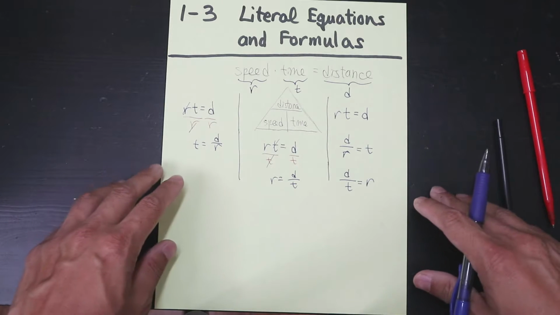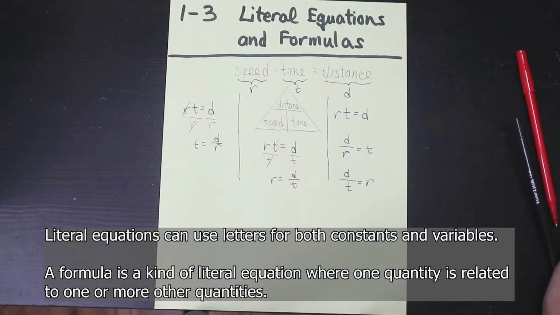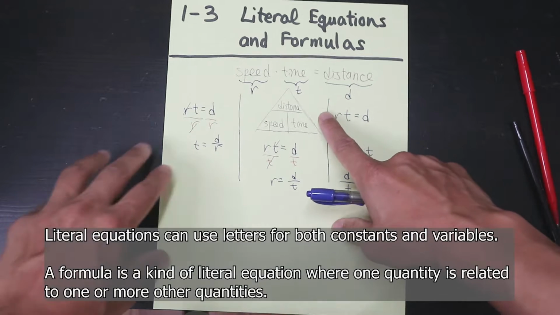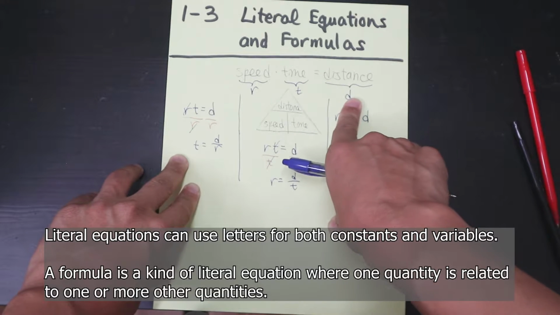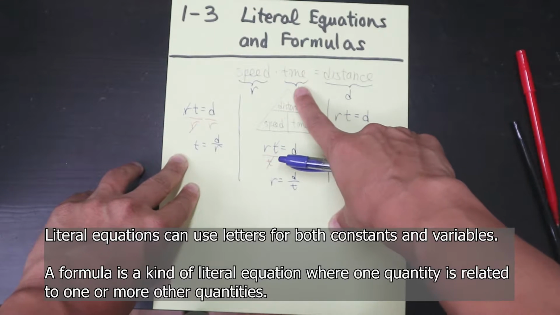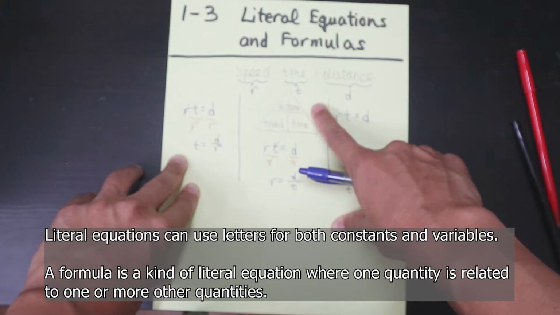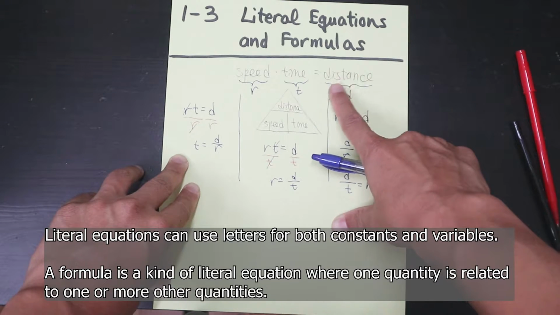So let's check out what is the meaning of literal equations. Literal equations can use letters for both constants and variables. A formula is a kind of literal equation where one quantity is related to one or more other quantities. Look at this formula. There are letters, and these letters could represent numbers. If you know the number for the speed, how fast you're going, or how much time you spend on your trip, which is the time, or how far it is between your starting point and the ending point, which is the distance.